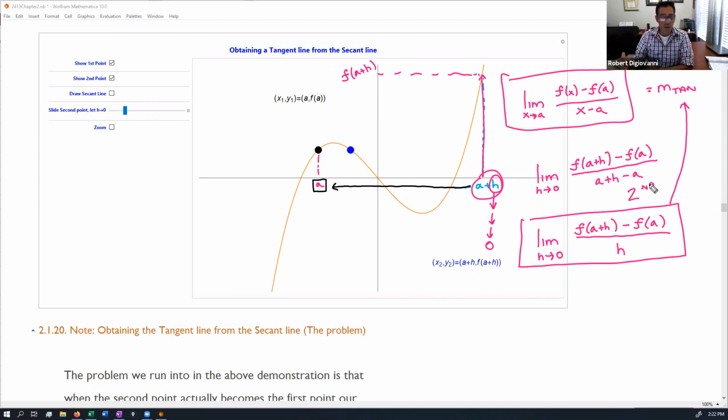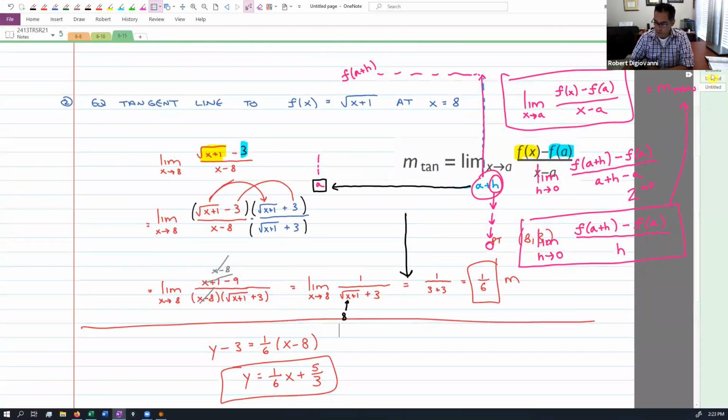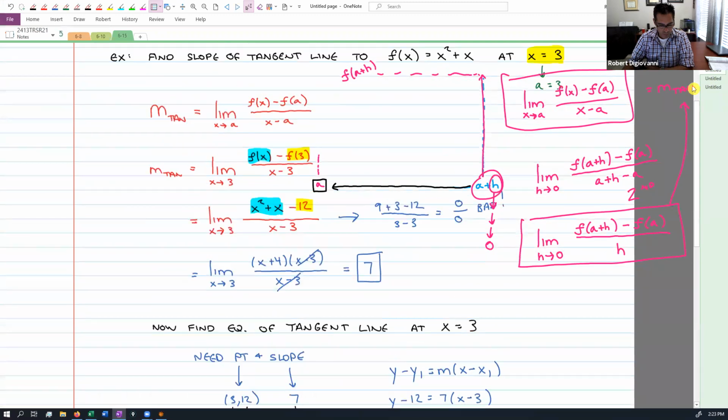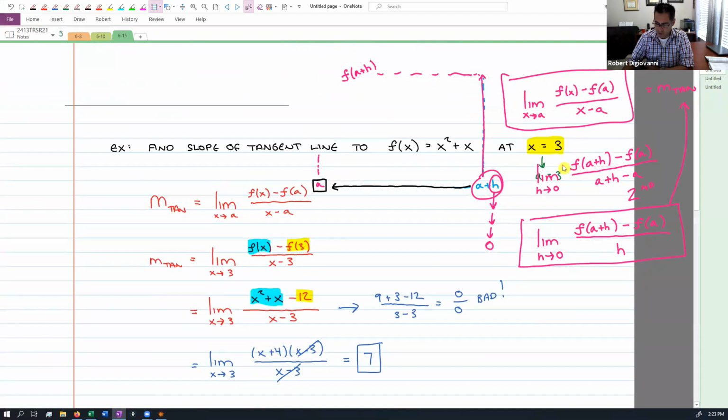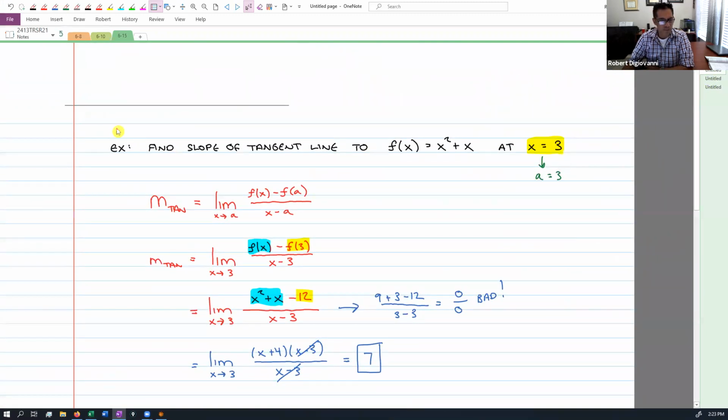So I'd like to show you how the second version works on the problems that I already did. I'm going to do some of the problems that I just did again, but I'm going to use the second formula instead of the first. So which one do I want to do here? What was the first one I did? That was the first one I did, right? Right there.